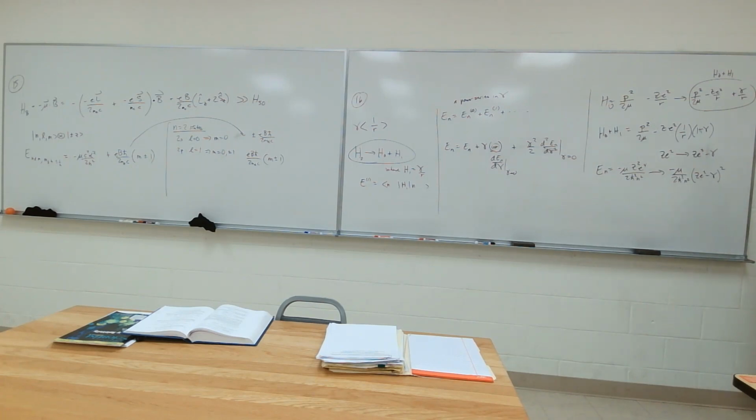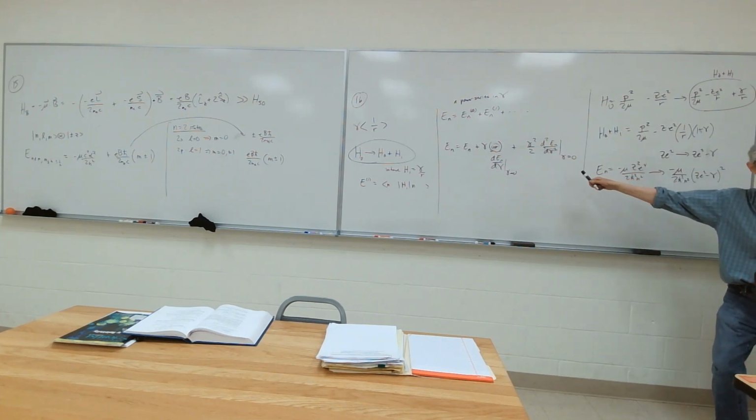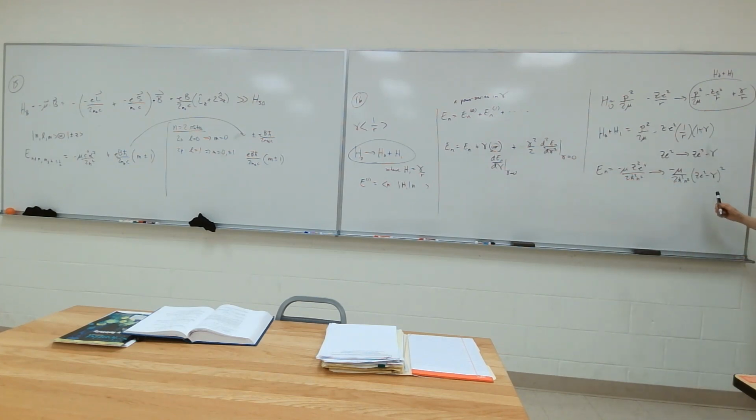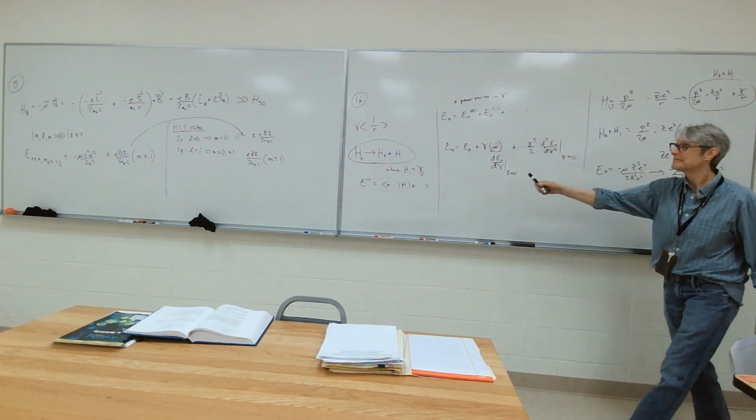Isn't that cute? We now have the exact energies for this perturbed Hamiltonian. So all we need to do, using what we were observing before, is take the derivative of this with respect to gamma, set gamma equal to 0, and we've got this.